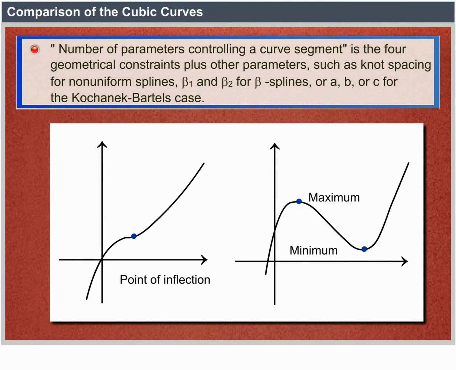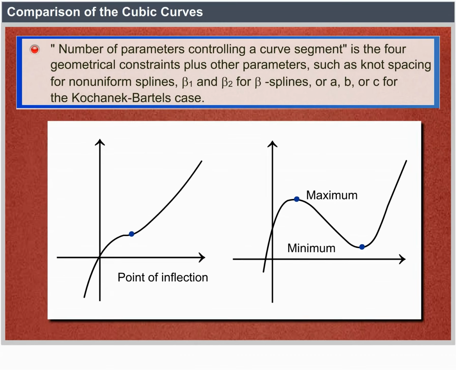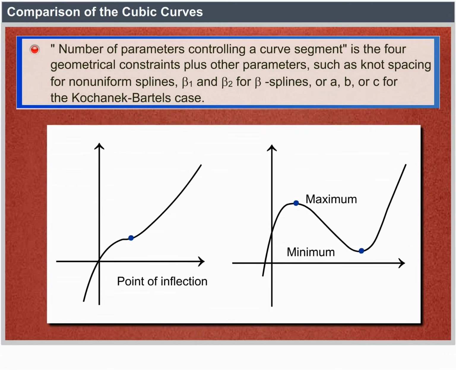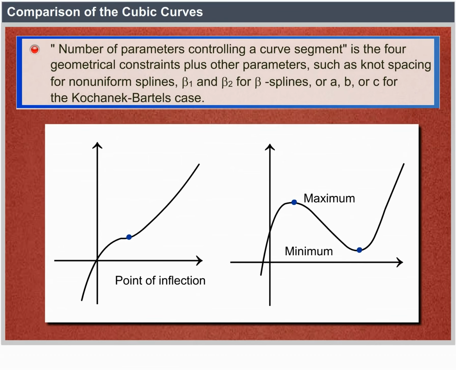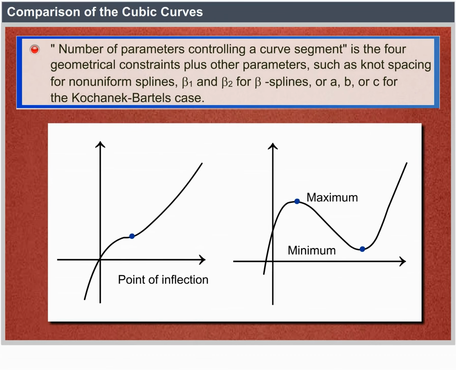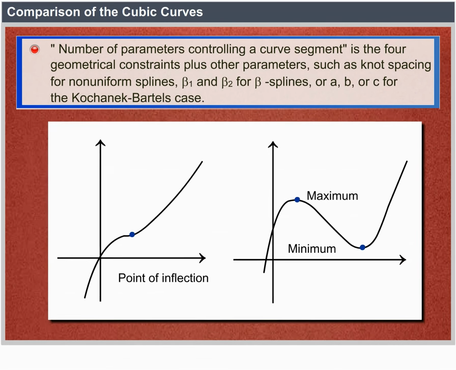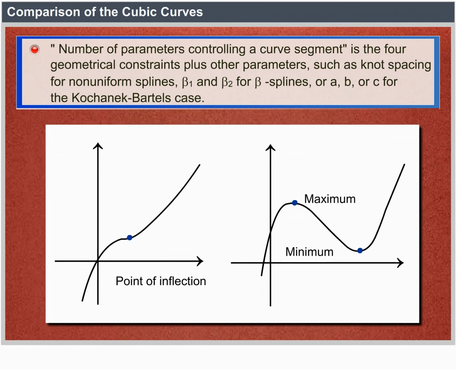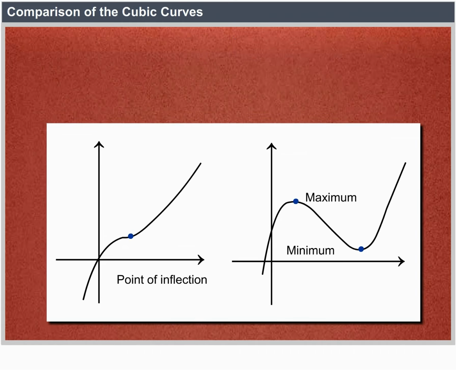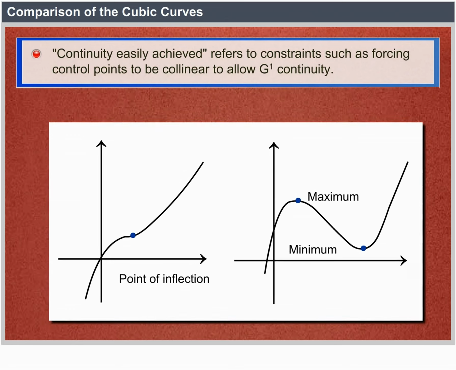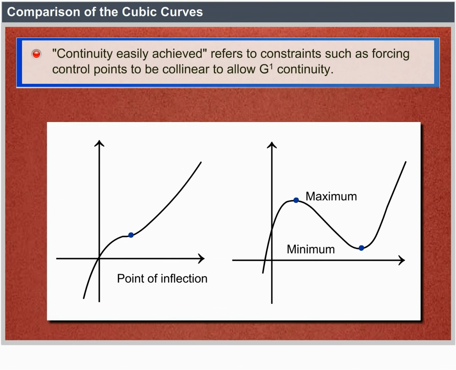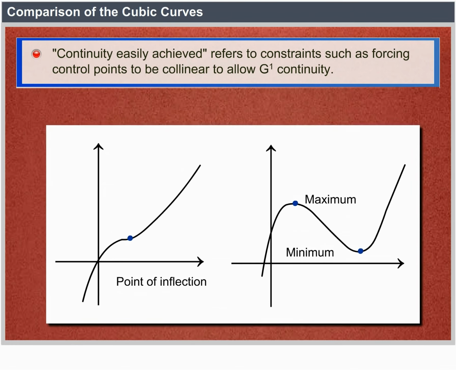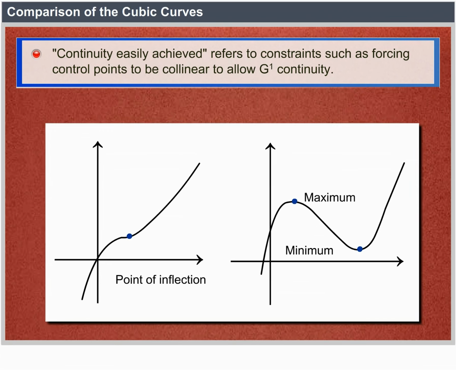The number of parameters controlling a curve segment is the four geometrical constraints plus other parameters such as knot spacing for non-uniform splines, beta 1 and beta 2 for beta splines, or A, B, or C for the Kochanek-Bartels case. Continuity easily achieved refers to constraints such as forcing control points to be collinear to allow G1 continuity.